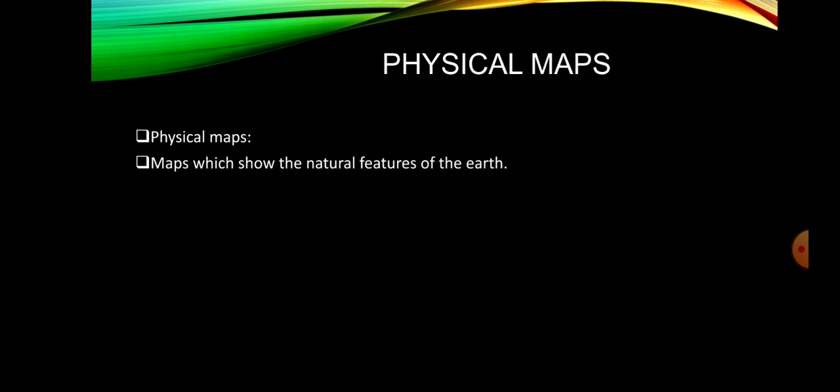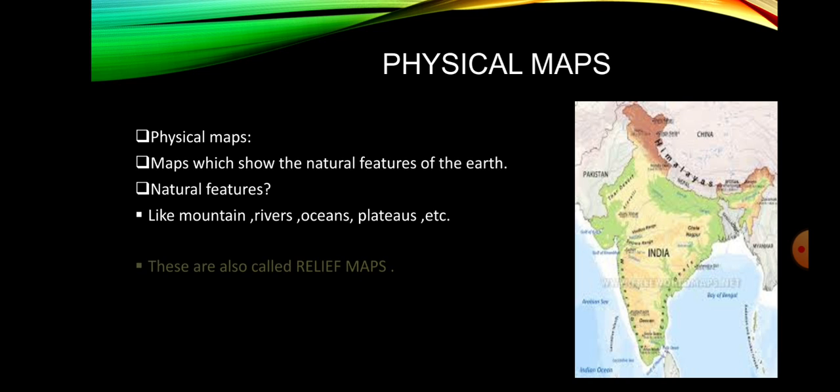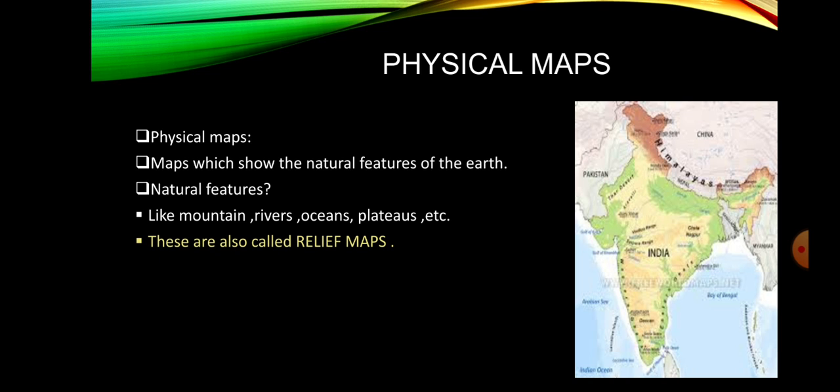A map which shows natural features of the earth, or you can say natural formations of the earth, that is known as natural features. In that we will study the mountains, plateaus, rivers, plains, etc. This is also called a relief map. We can say another name for a physical map is a relief map.